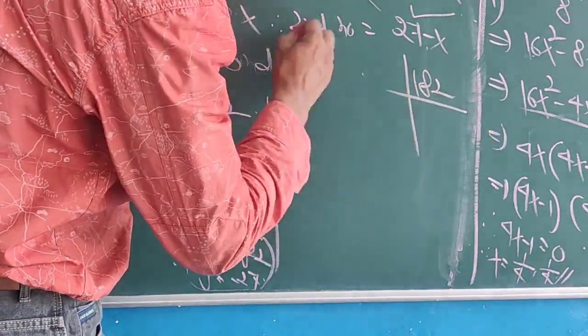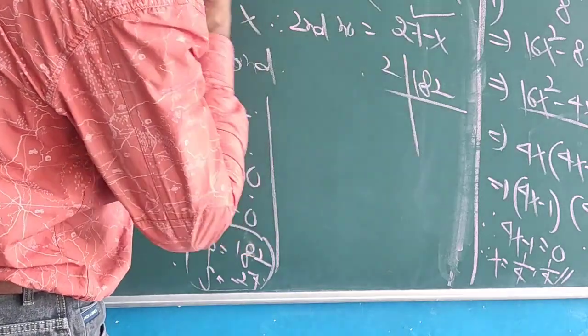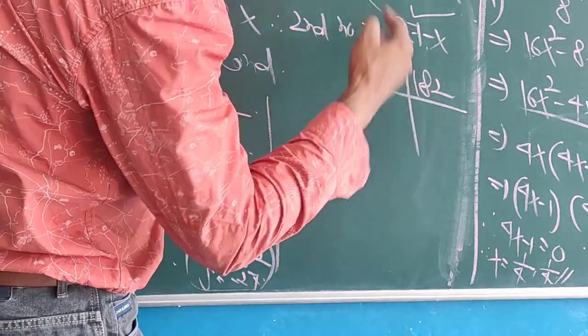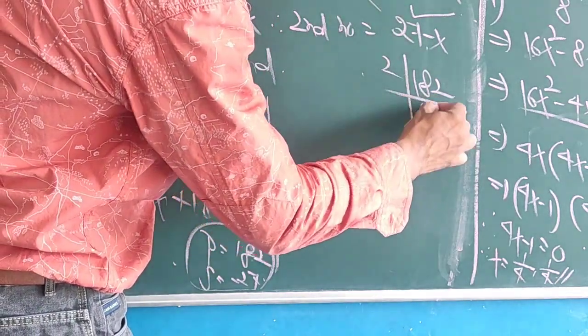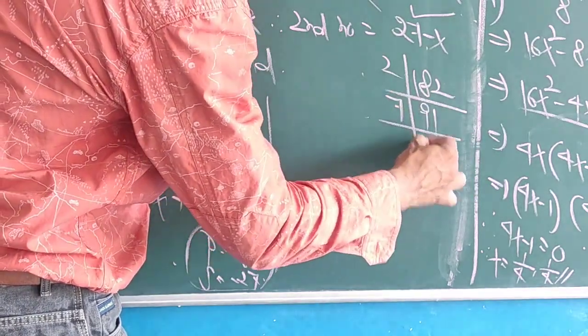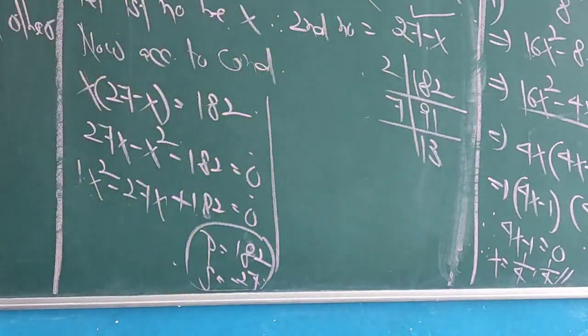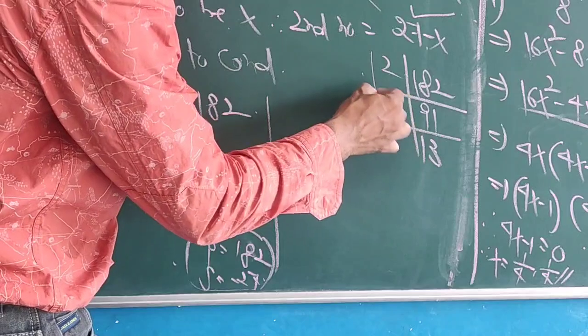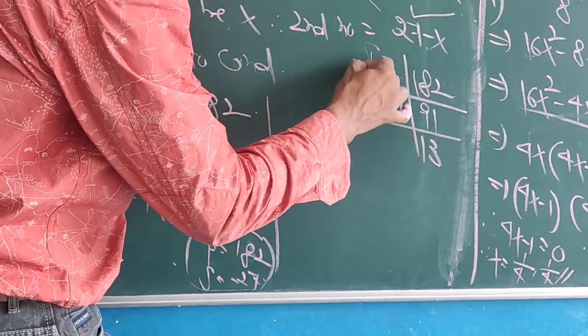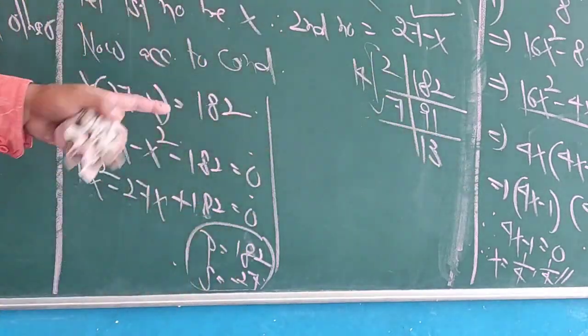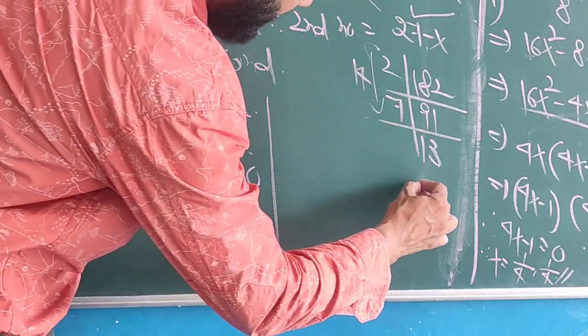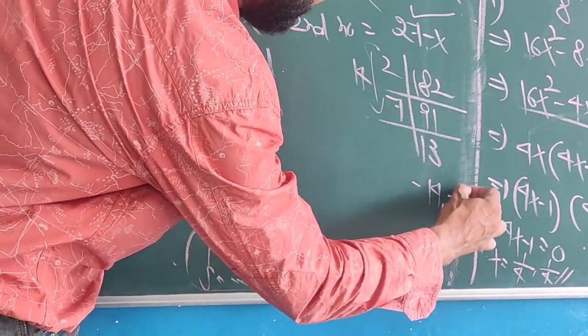And these two factors we find by the method of factorization. For 2, this is 91, and next by 7 this is 13, and we see here 14 and 13, 7 times 2 is 14 and the remaining is 13. So the required factors are minus 14 and minus 13.